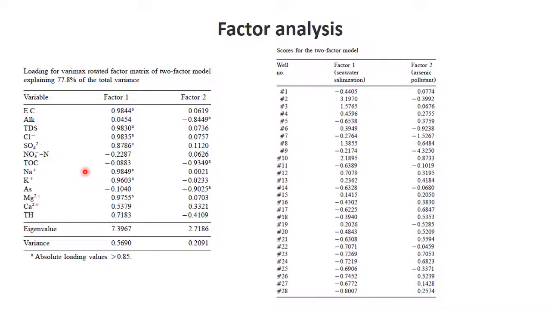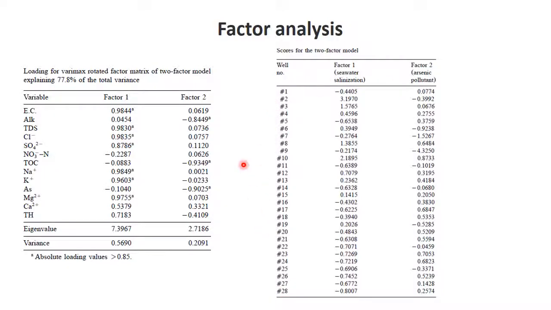Now that we have this factor structure, we can take each of the samples and map them into the factor space. That basically means the filter I talked about previously: take a sample, run it through the loadings, and calculate the score of each sample for the two factors. So now we have two factors and again 28 samples.